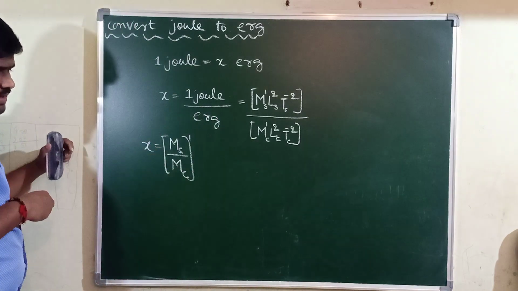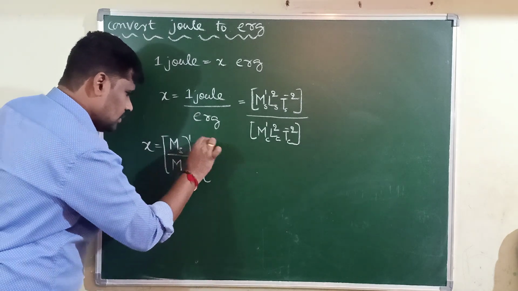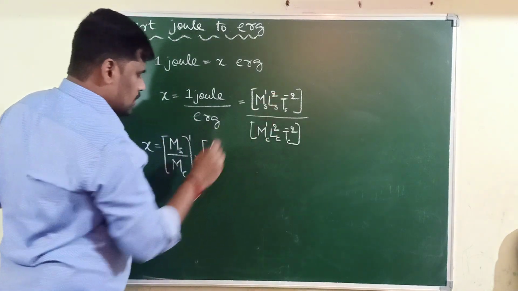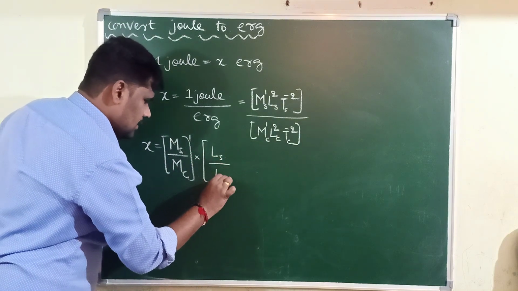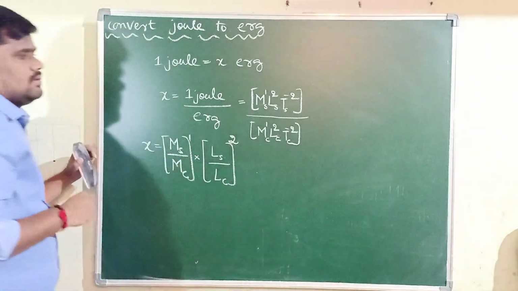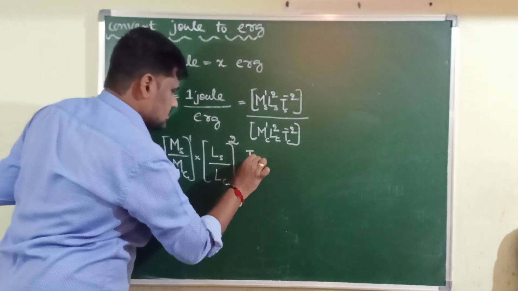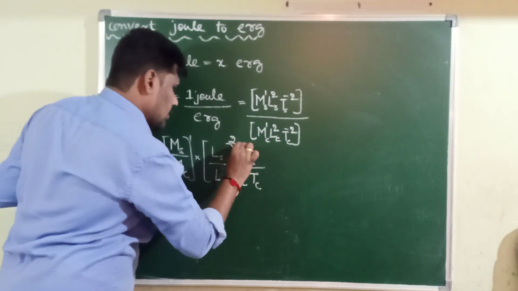Therefore MS by MC to the power 1 here, multiplied by. Next, LS power 2, LC power 2. Therefore I can write LS by LC whole to the power 2 here. Next one, TS by TC whole power what?